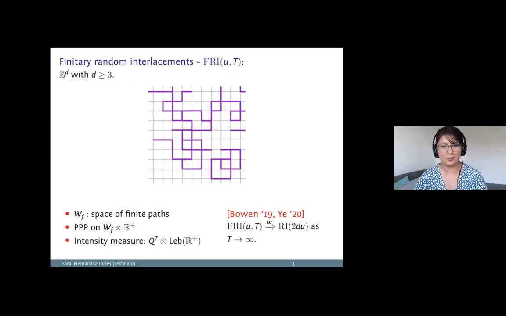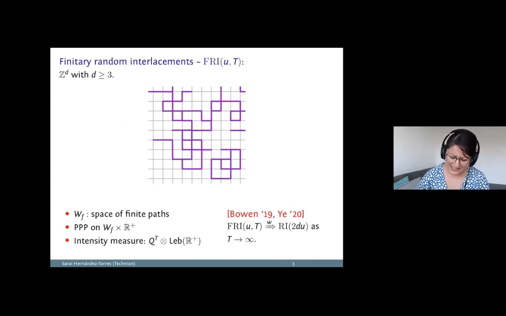But I just want to point out that this analogy between finitary random interlacements and random interlacements is not only from the definition, but we also have a convergence. This was proved independently in an appendix of a paper of Louis Bowen, where finitary random interlacements were introduced, and also in a PhD thesis.